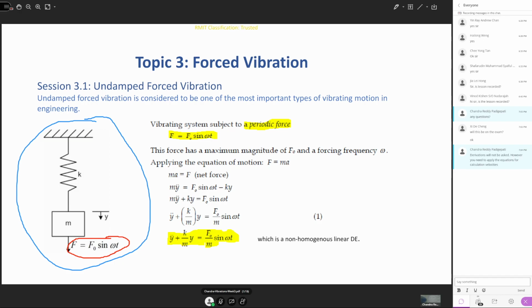Guys, can you tell me what is this omega? Anyone? Omega is?